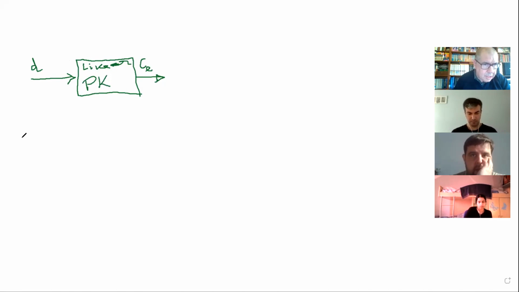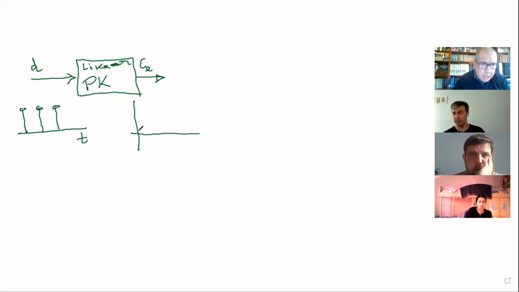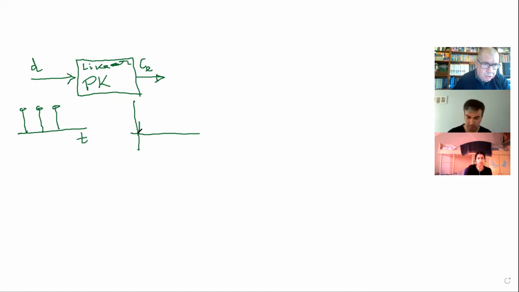So, for instance, if you take some drug every day, your function is something like this. Okay, this is time. 0 and then a kick. 0, 0, 0, 0, then a kick, and so on. And what happens? You will have something that grows due to the kick, then decreases.